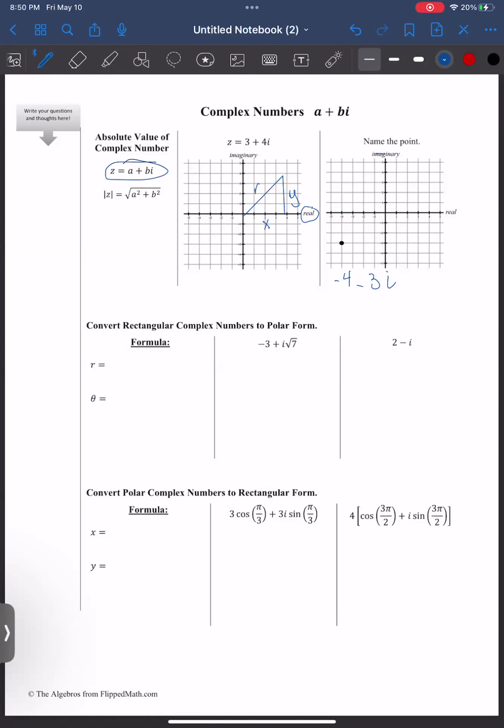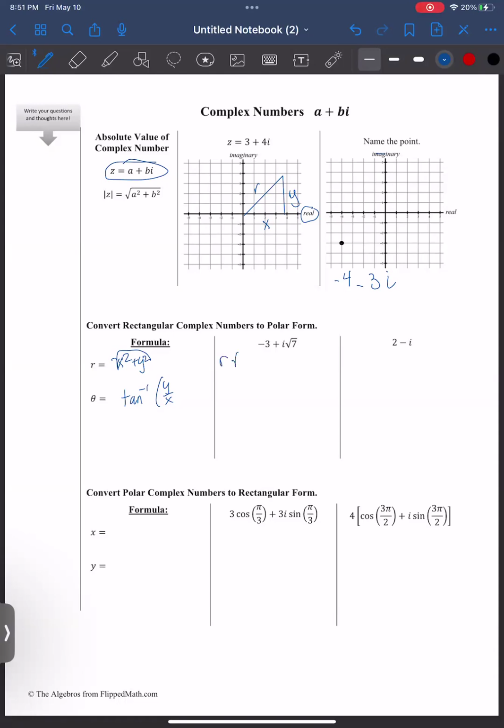Now, let's say I want to convert rectangular complex numbers into polar form. Well, my r and theta are going to be the same. So r is going to be the square root of x squared plus y squared, and my theta is going to be the inverse tangent of y comma x. What I need to do is ignore the i in these complex values.